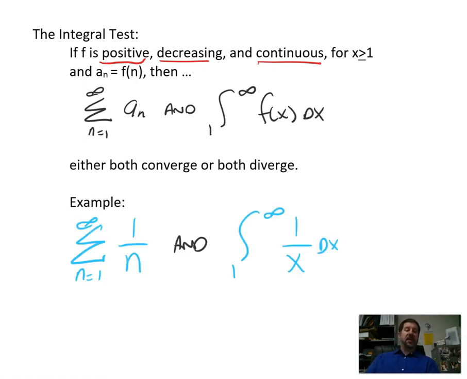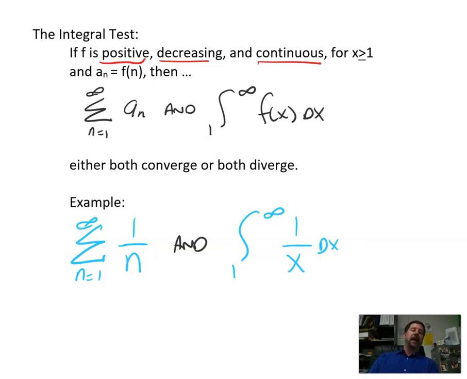So here's a series and a function that we've played around with a little bit. I can't remember if we've said what happens with this one yet or not. But we have played around with the integral from 1 to infinity of 1 over x dx, and we showed that it is going to diverge back in the lesson for improper integrals. Go back and look at that video, or you can see my attached video for that, to learn more about this function.